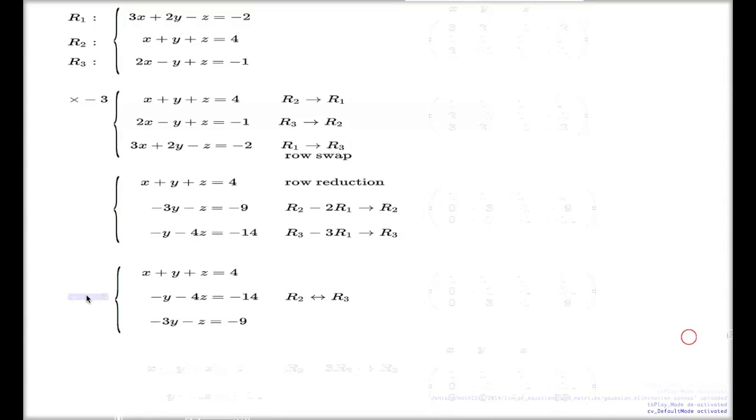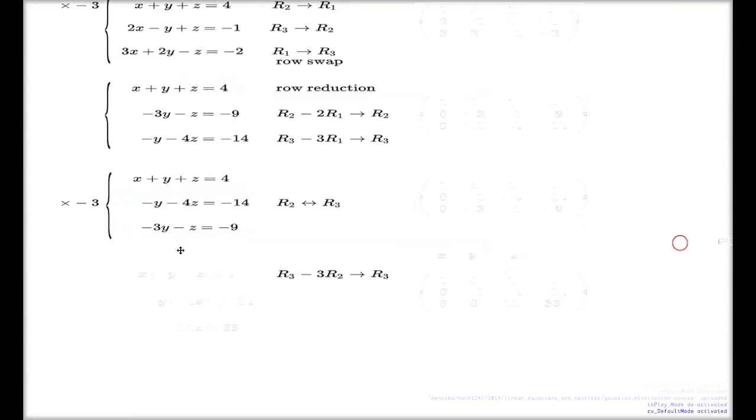And if I now do another row reduction with the coefficient -3 again, and I think again the choice of -3 is obvious because a -3 coefficient will help me to get rid of this -3. If I multiply this equation by -3 and add this to the last one, my system will finally come to the triangular shape.